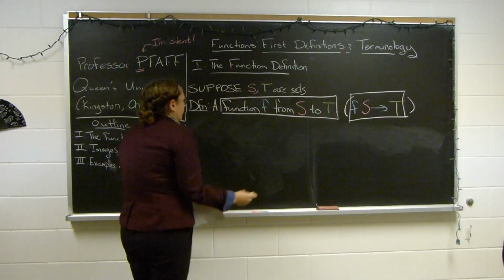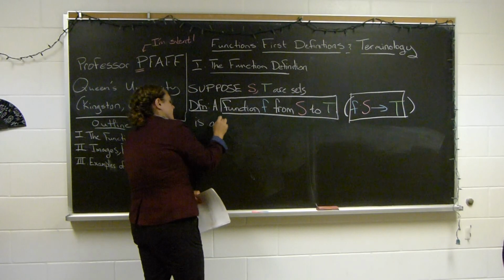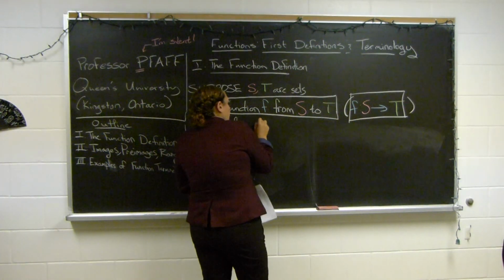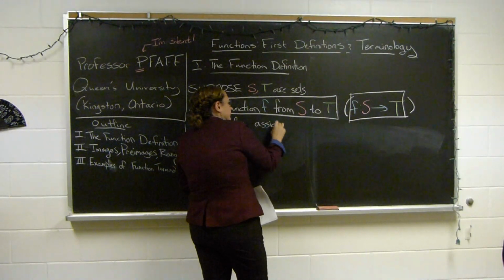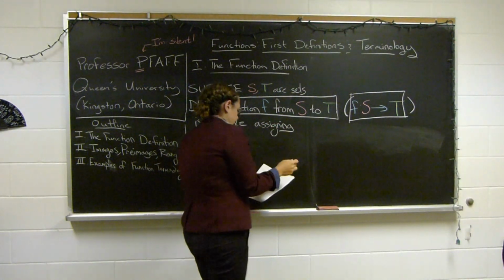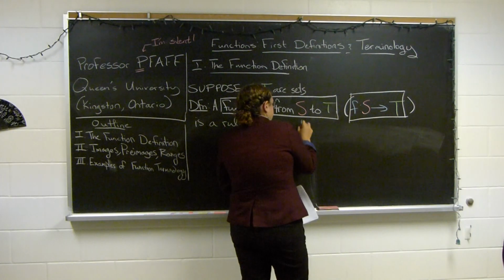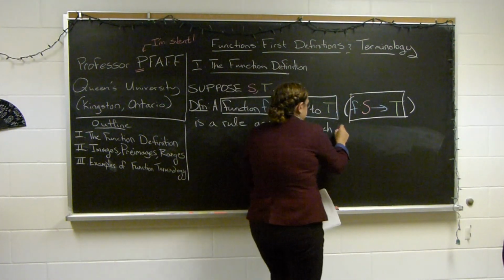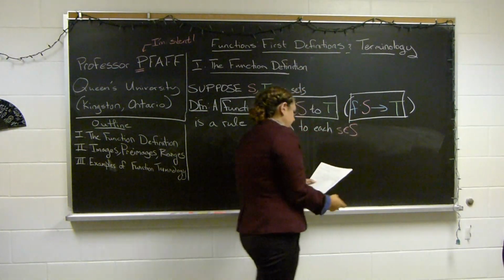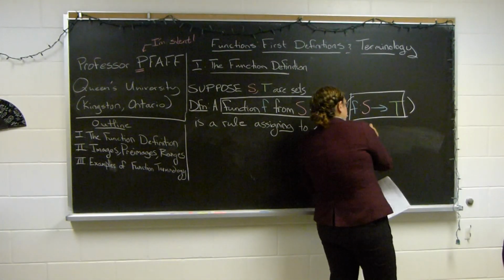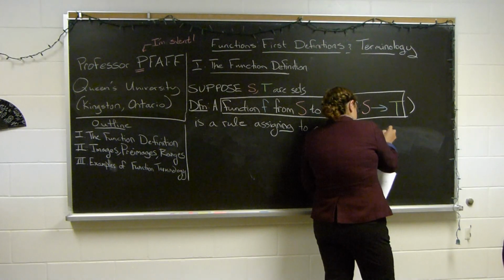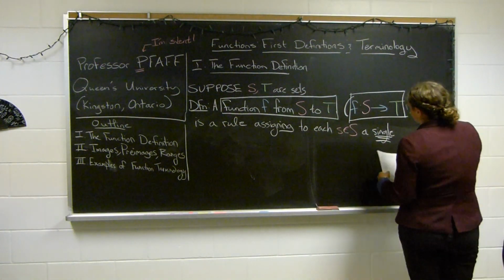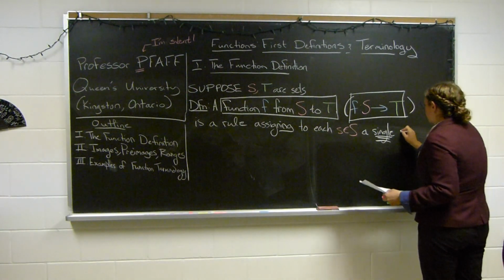So it's going to be a rule assigning to each element of S a single element of T. In my notes I underlined only two times, but we're adding one in more now.